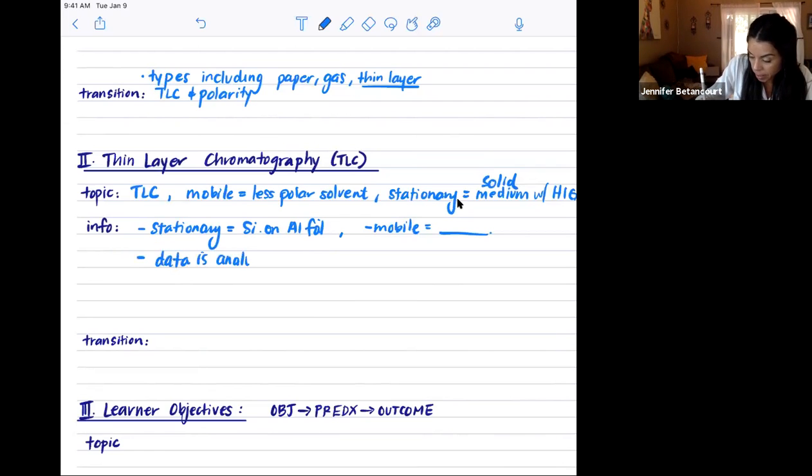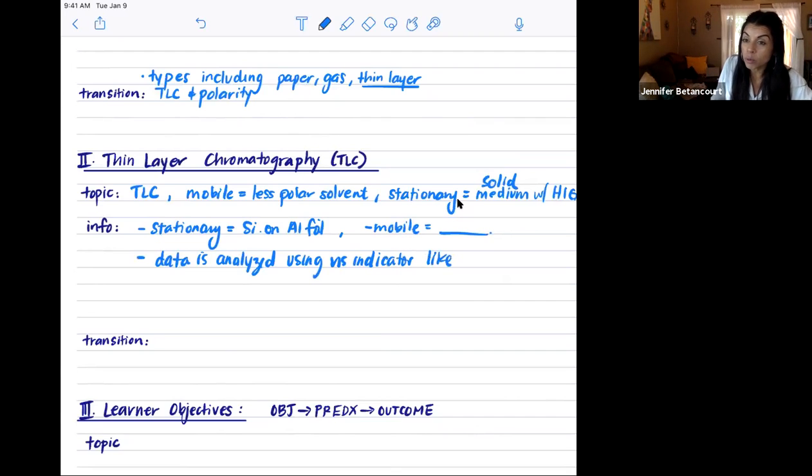Something about the data being analyzed using a visual indicator, like maybe you use a couple of examples, or maybe you just provide the one example that you actually are using too. Okay. So that's how you get the data.